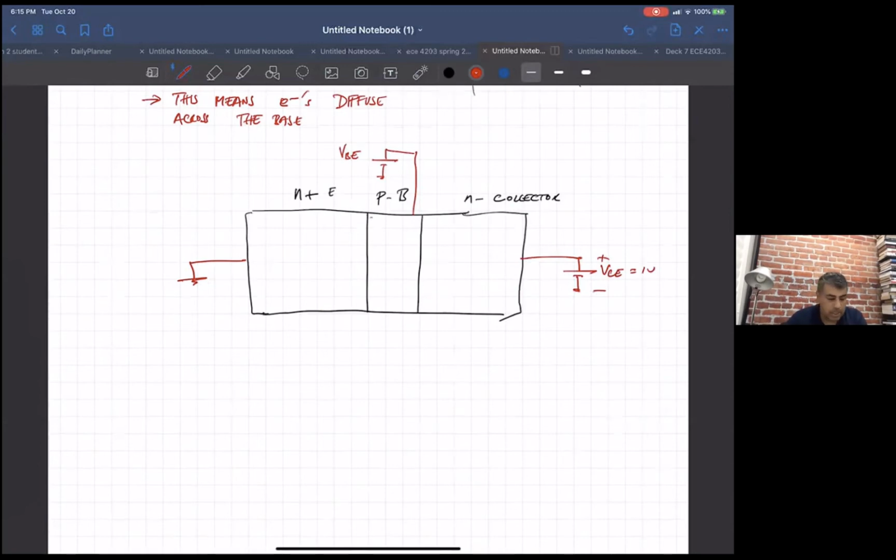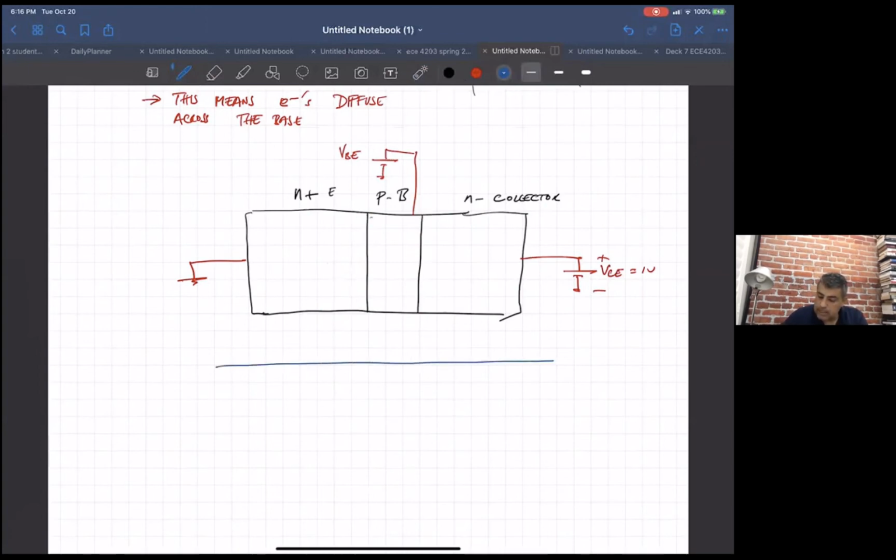So anyway, this junction is forward bias, and this one is reverse bias. Let me superimpose a couple of axes on here.